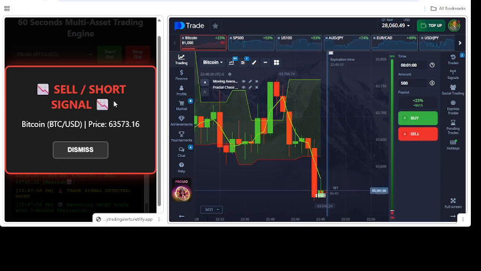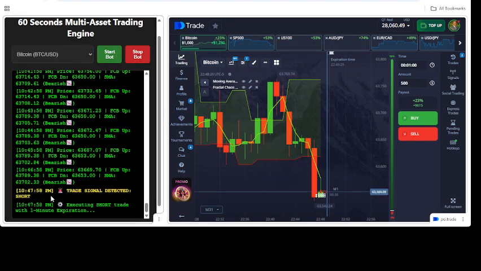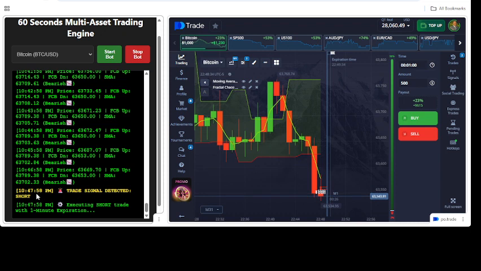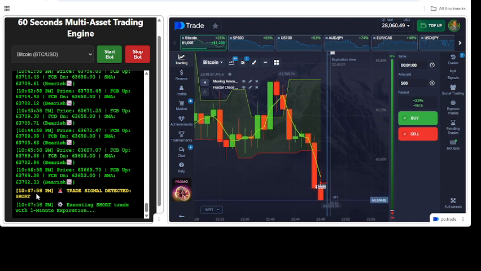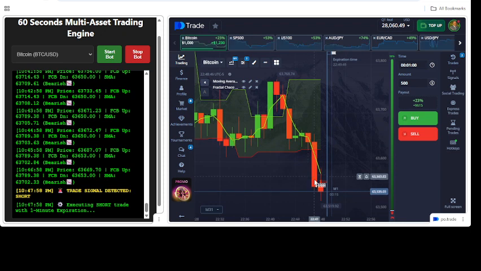I'm not sure if you see it on the screen recorder here, but here is the signal on the chart. Trade signal alert short at 10:47 p.m. So let's monitor this trade. We see here the red candle close below the lower boundary of the fractal chaos band line.